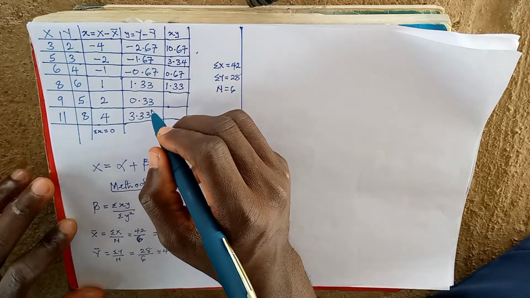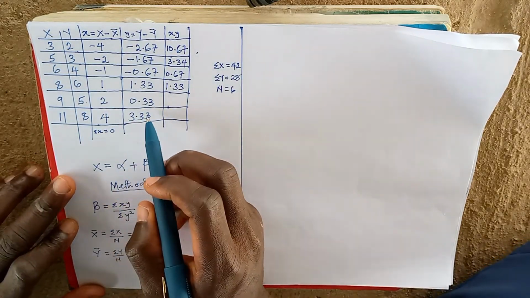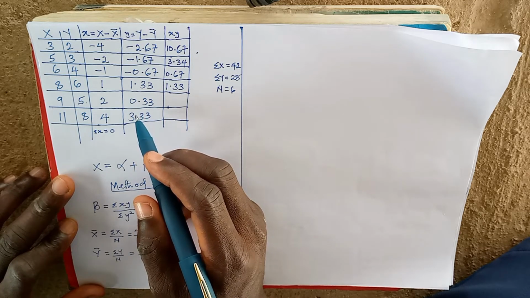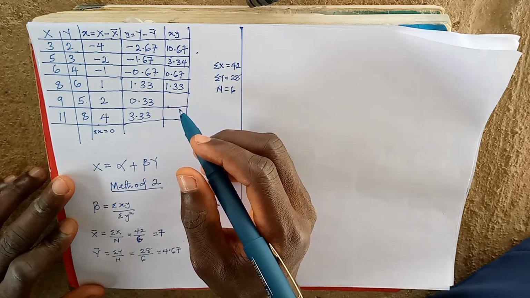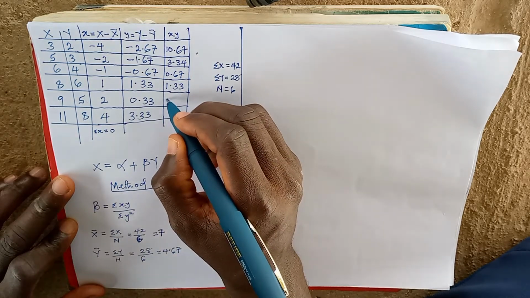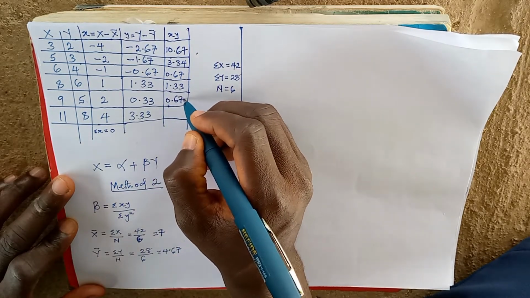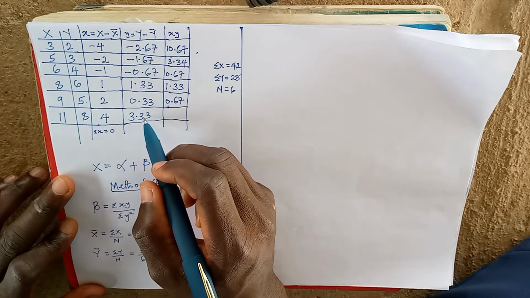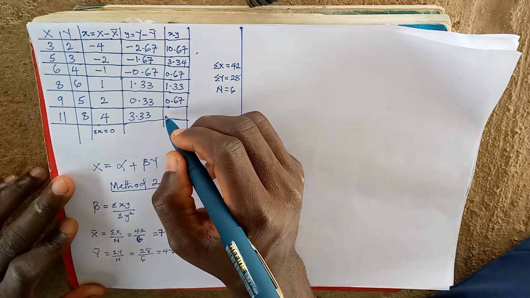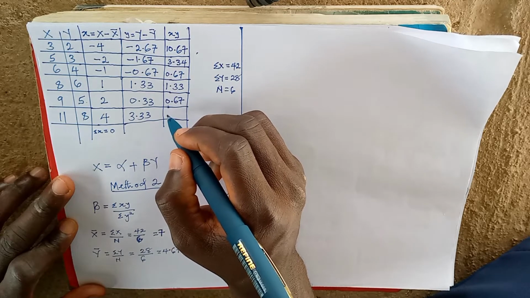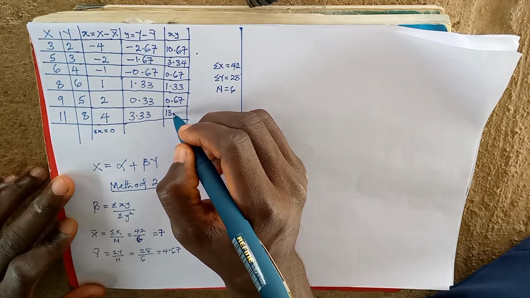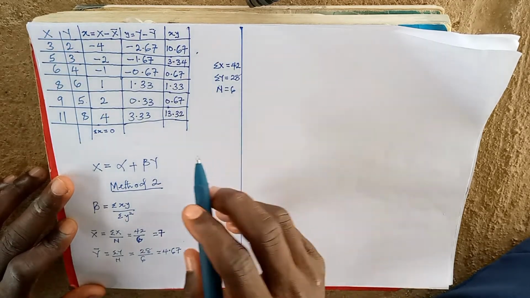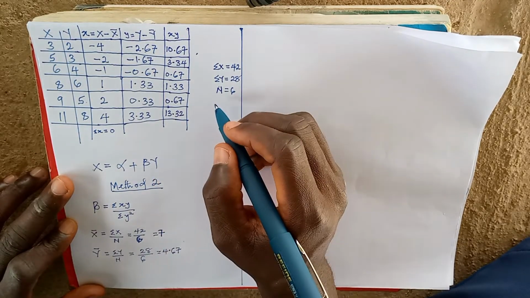Then 2 multiplied by 0.33 gives us 0.67 when approximated. Now the last one, 4 multiplied by 3.33, gives us 13.32.